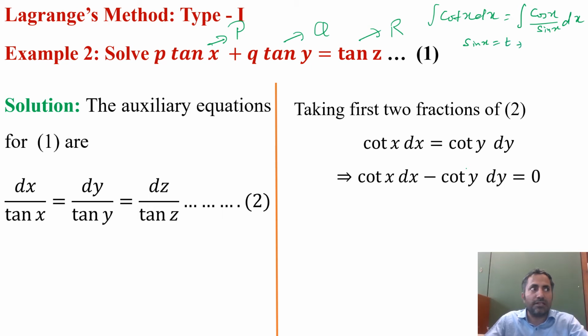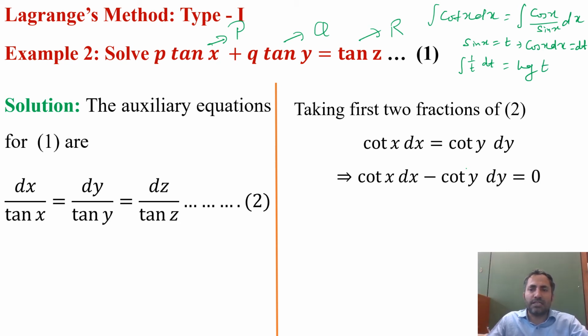What we get here is cos x dx equals dt. So your whole integral will be the integration of 1 upon t dt, so it is going to be log t plus some constant.